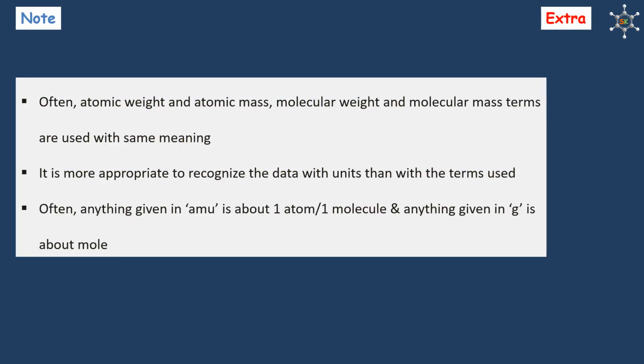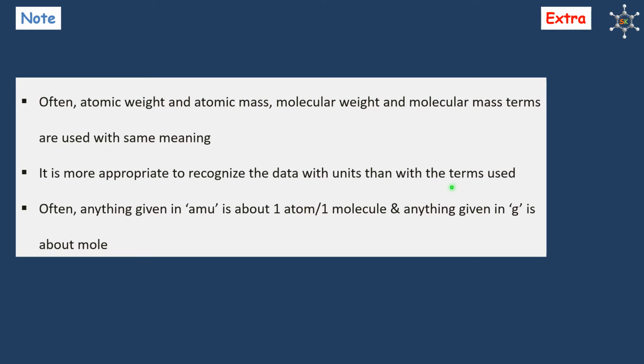A few helpful notes. Often the terms atomic weight and atomic mass, molecular weight and molecular mass are used with the same meaning. It is more appropriate to recognize the data by its units than by the terms used.